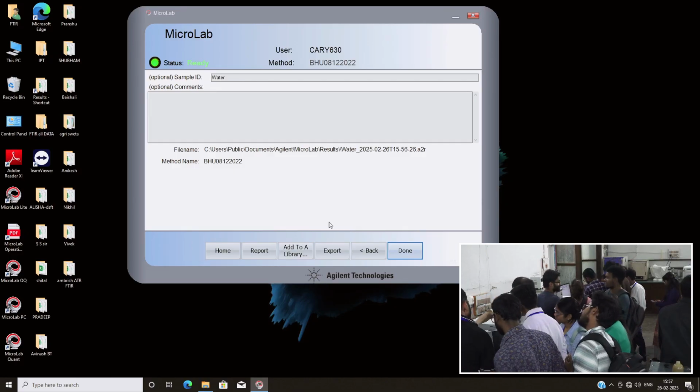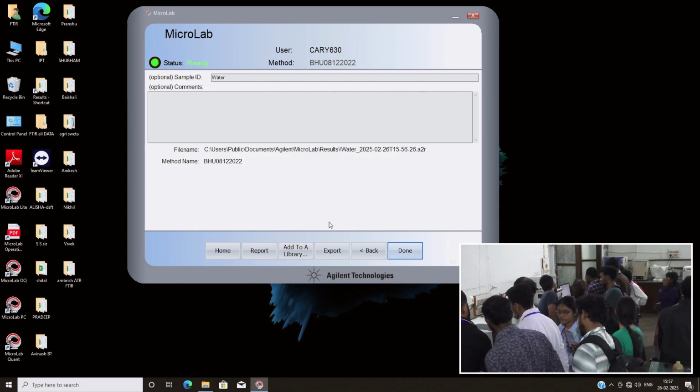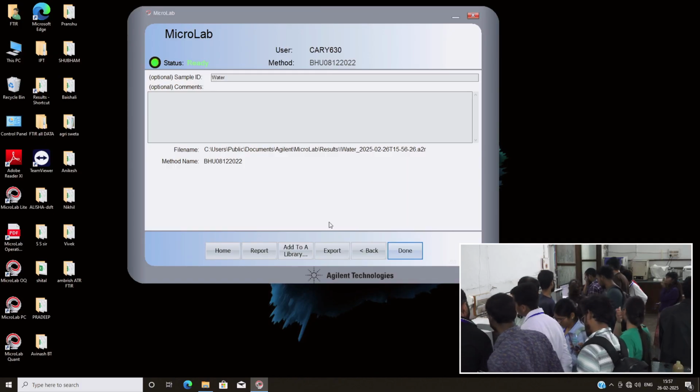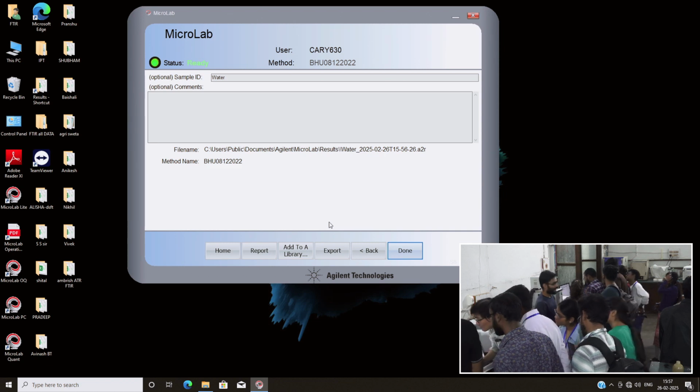This is very convenient, a big advantage. If the intensity is very important, then transmission measurement should be safer. Okay, then finish.